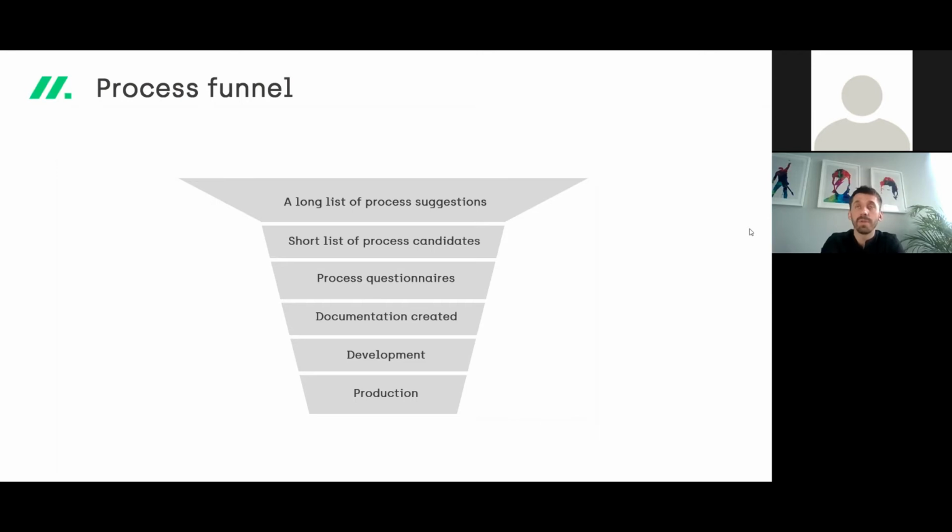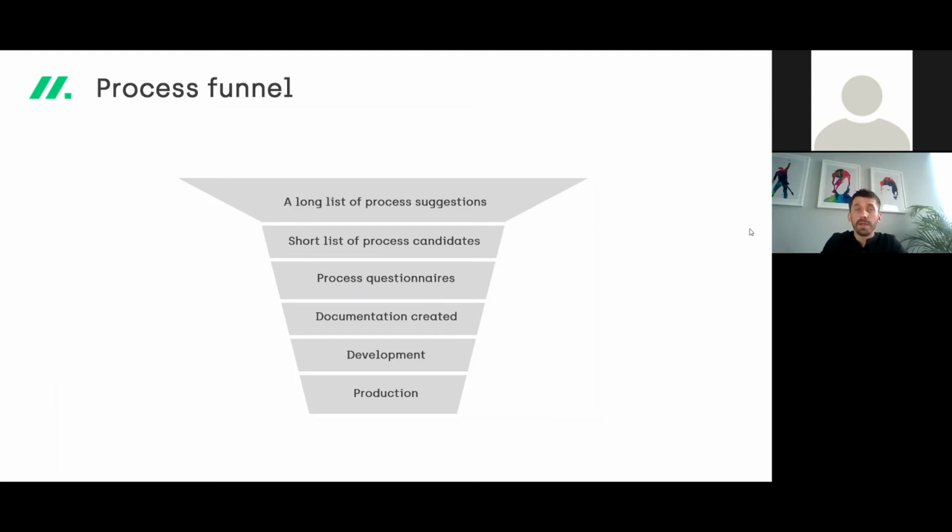To build this kind of list, we can use some brainstorming sessions. The first step is without assessing the ideas. The main goal of the step is to build the long list of potential ideas. Then for each process, we are asking more detailed questions, and we are building a short list of good process candidates.